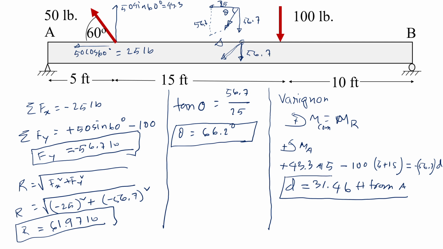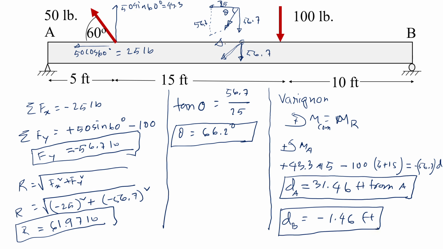If you do the same thing with respect to B, I found negative 1.46 feet. So you notice this beam is only 30 feet from A. The distance we calculated is actually approximately 31.5, so it is somewhere here.